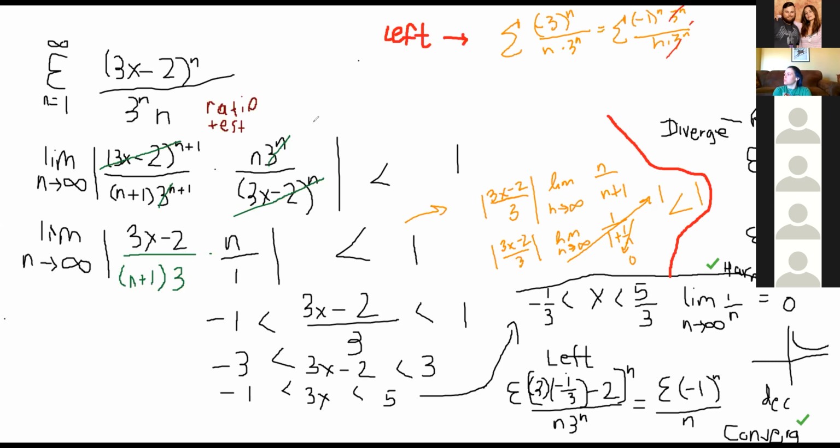Right, so for alternating series, we always take the absolute value, and they're no longer alternating. So for the bottom, when she writes left, and then right next to it, a summation of negative 1 to the n over n, are you saying that the absolute value of that is 1 over n? Yes. Okay.